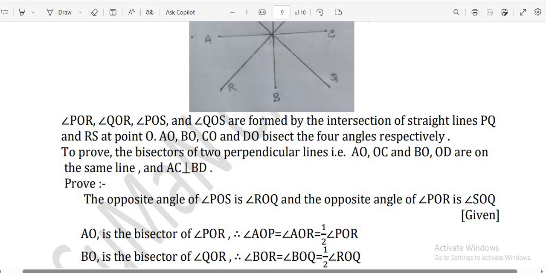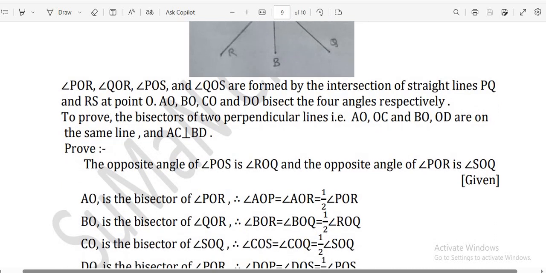Now proof. The opposite angle of angle POS is angle ROQ, and the opposite angle of angle POR is angle SOQ. OA is the bisector of angle POR. Therefore, angle AOP is equal to angle AOR, which is 1 by 2 angle POR.